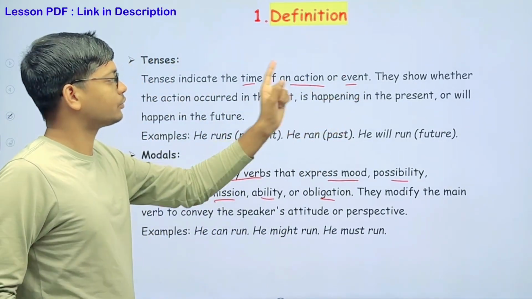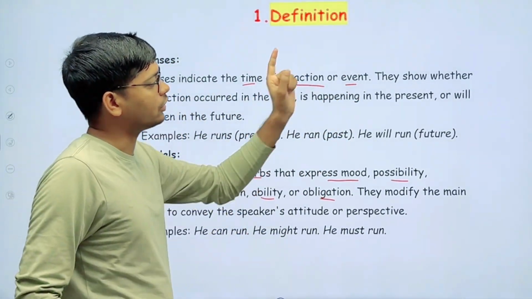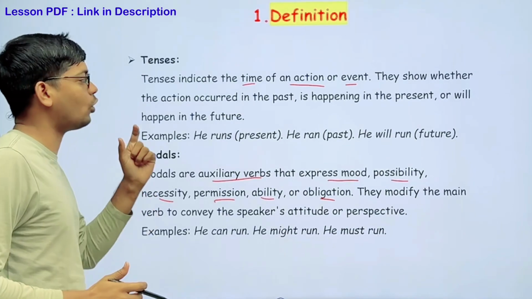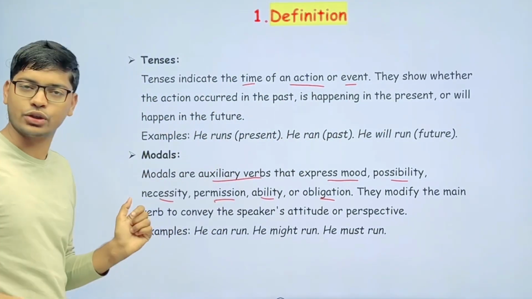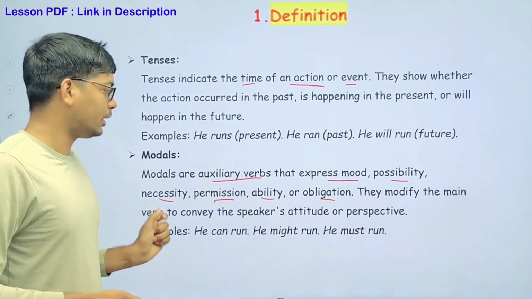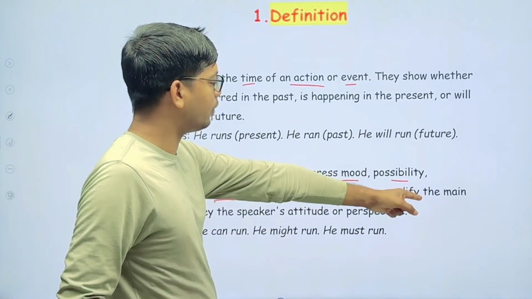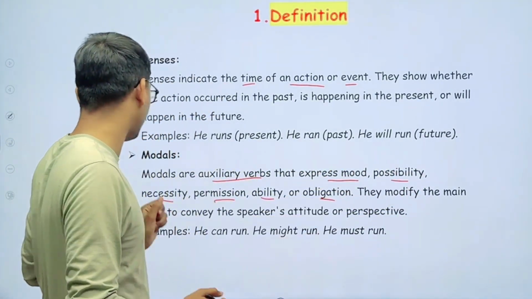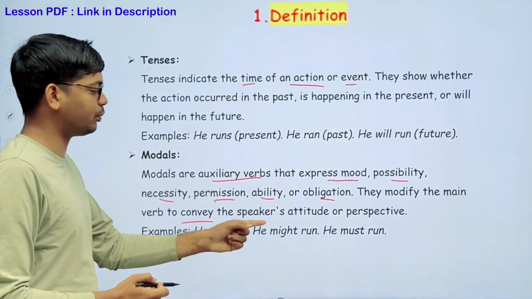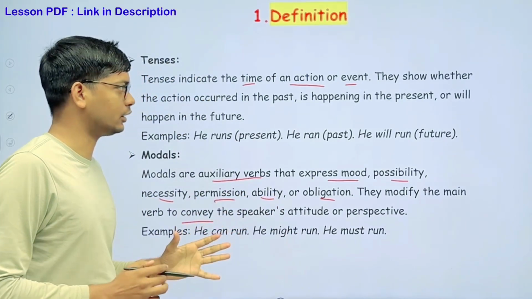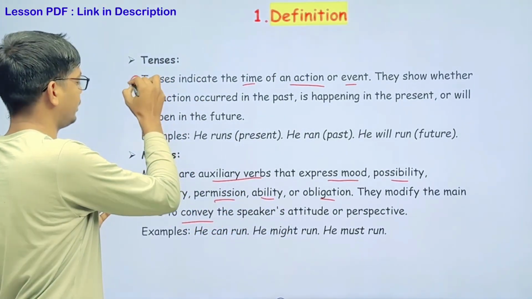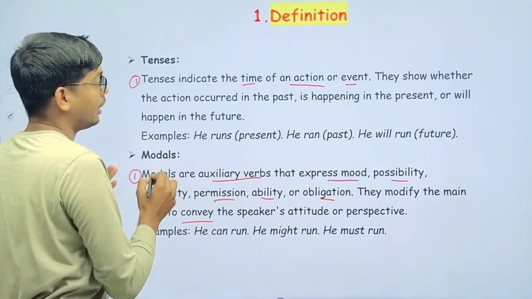Next, tenses show whether the action occurred in the past, is happening in the present, or will happen in the future. But modals modify the main verb to convey the speaker's attitude or perspective.